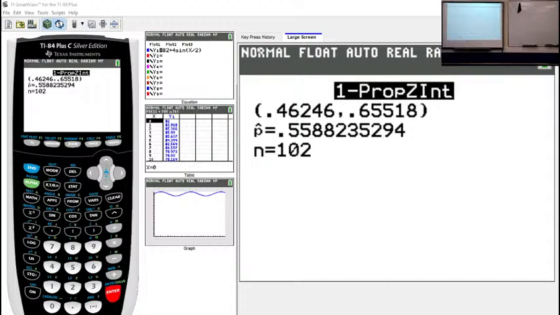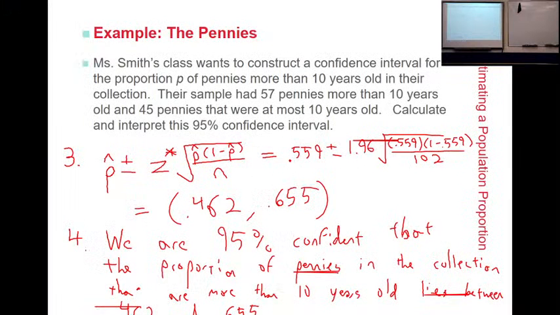Here's the important thing. Just because we have the calculator doesn't mean you don't need to show things on the paper. You cannot go straight to here. If you go straight to here, then they're not giving you credit for step 3. That's why I said at the start, the 3 things you need: formula, plug in the numbers, answer. So you still need to know this formula and fill in the pieces.